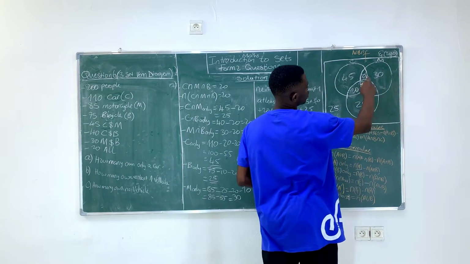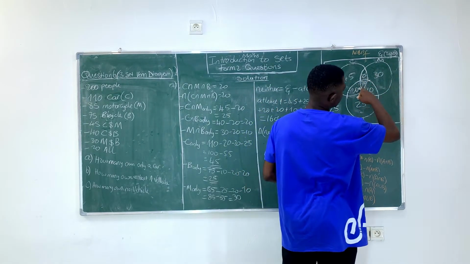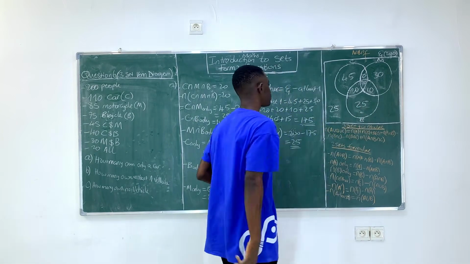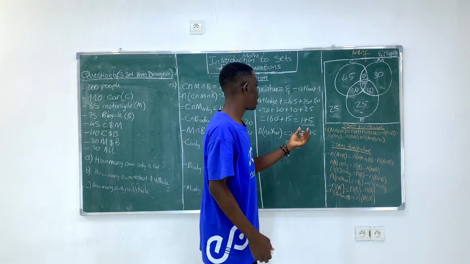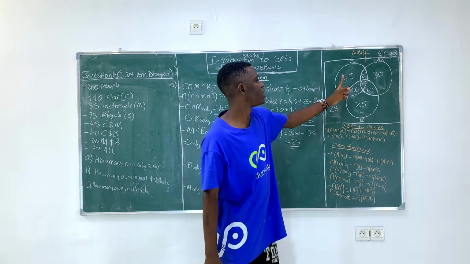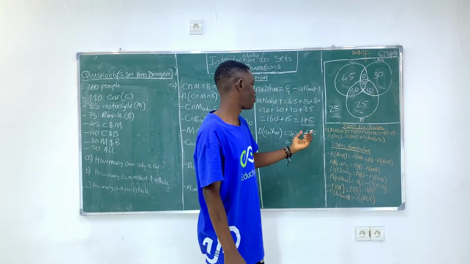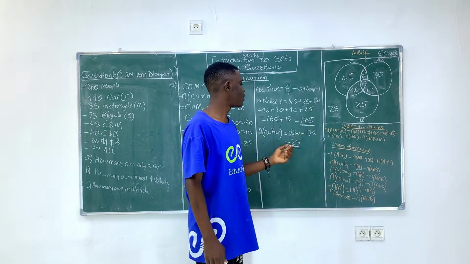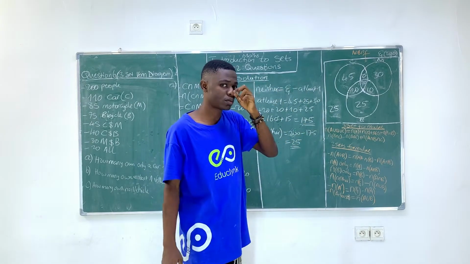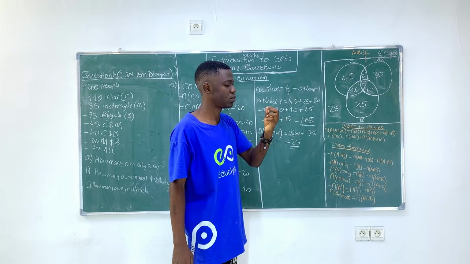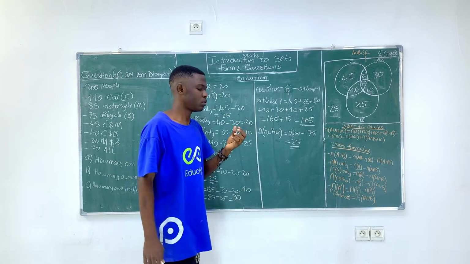So if you sum 45, 25, 30, 20, 20, 10, 25, you are going to have 175. Now you add 25 to it, you have 200, which proves you are correct.